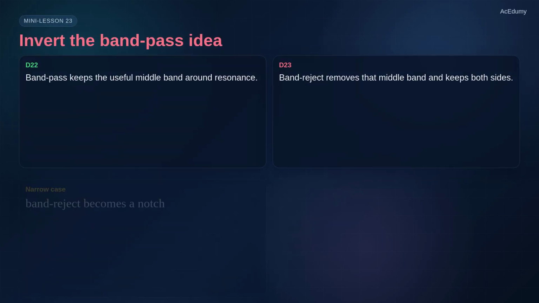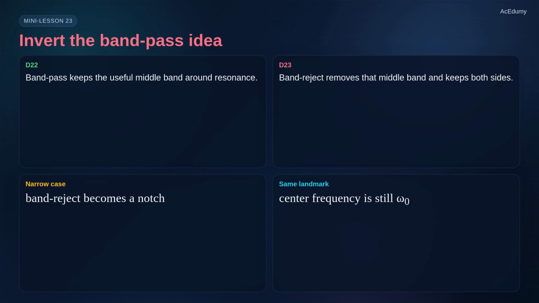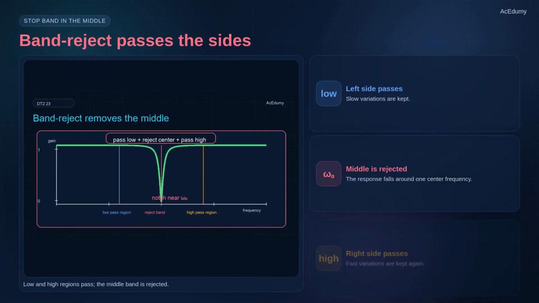In the previous lesson, a bandpass filter kept a useful middle band around resonance. Now we invert that idea. A band reject filter, also called a notch filter when it is narrow, passes low frequencies, passes high frequencies, and removes a band around one center frequency. The shape is easy to recognize.